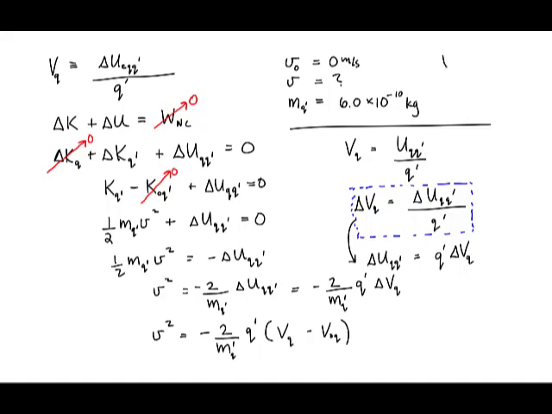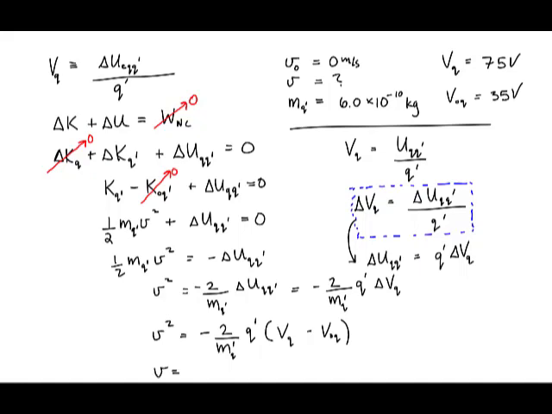Let's identify those. The final potential is 75 volts. The initial potential is 35 volts. So we now know all the quantities we need. So let's go ahead and evaluate this.